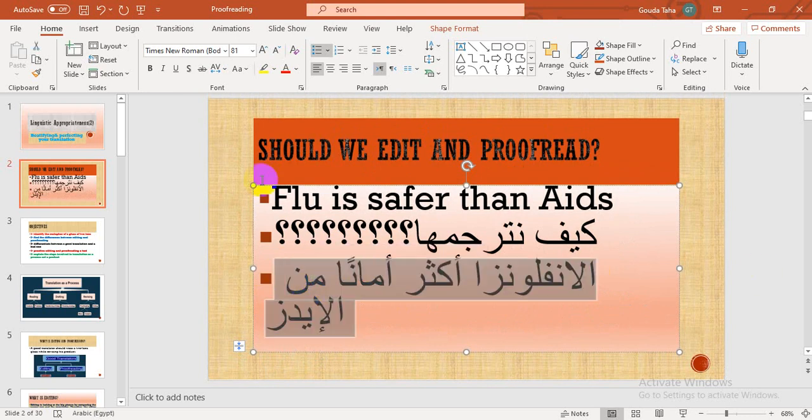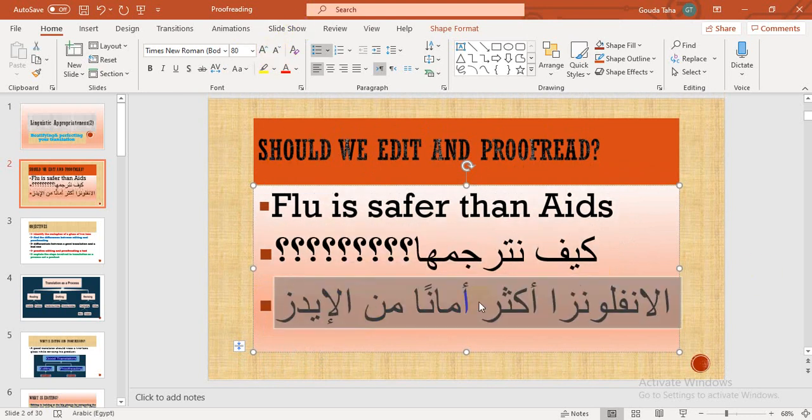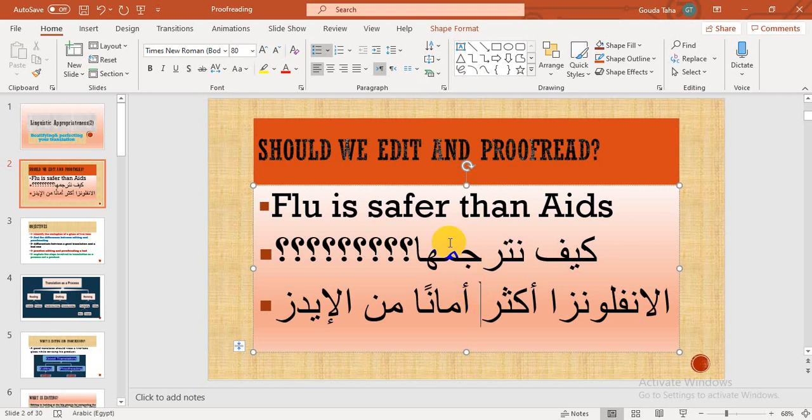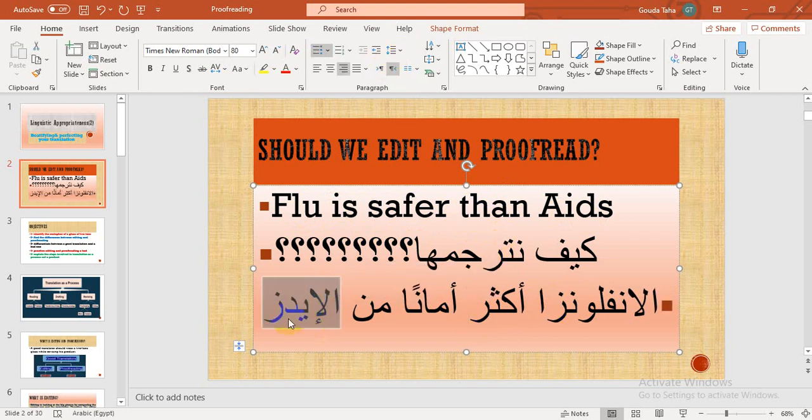So here this translation is a literal one. Flu is safer than AIDS, so safer أكثر safe أمانا than من الAIDS. So, is this a good translation? Of course not. This is not a good translation, although it's an accurate one.